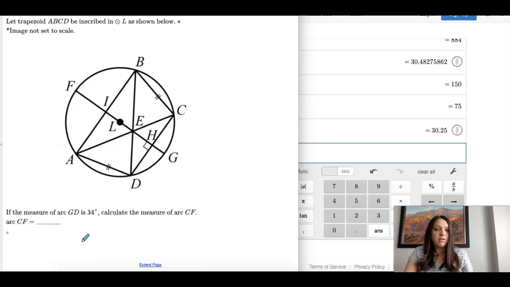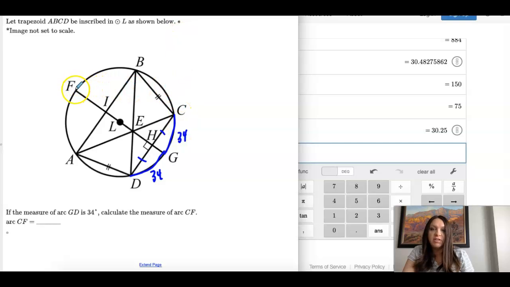Sorry guys, this is a long one, but I wanted to do all 10 problems. So we have a trapezoid. We know arc GC is 34. Wait, that's GD. GD is 34, but this is also 34 because these are similar triangles, which we've gone over.